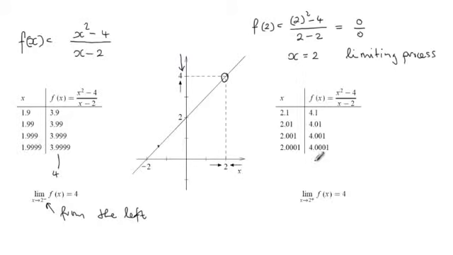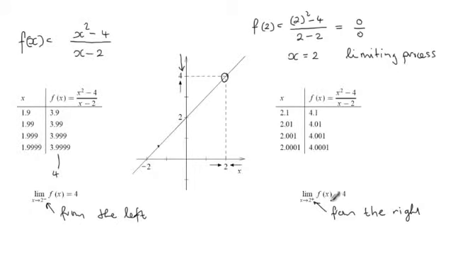Then to express that, we write the limit of f of x. In this case, f of x is this line. As x is approaching 2, but with a plus there, this plus again means from the right. Now it's approaching 2 from the right.